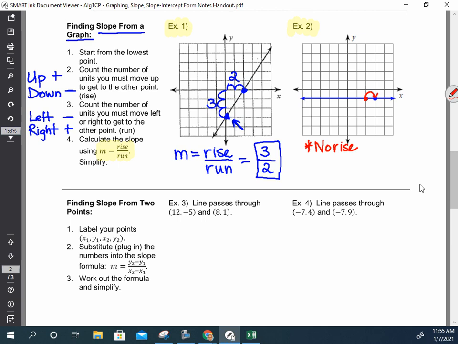How many spaces do I have to run? One time. So rise over run is going to be 0 divided by 1. What's 0 divided by 1? 0. There you go.